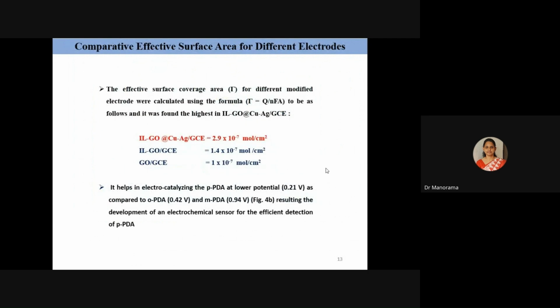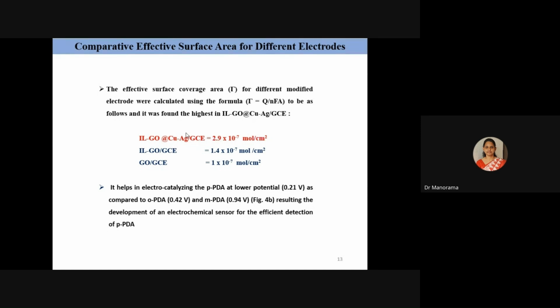We also calculated the effective surface area for different electrodes. If we modify only with graphene oxide, the surface area was 1 into 10 to the power minus 7 mole per centimeter square. If we modify the glassy carbon electrode with ionic liquid functionalized GO, the surface area increased a little, to 1.4 into 10 to the power minus 7. But with the combination of ionic liquid functionalized GO and CuAg bimetallic nanoparticles on the glassy carbon electrode, the active surface area was 2.9 into 10 to the power minus 7.